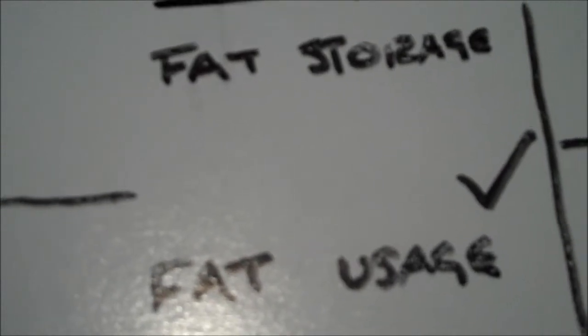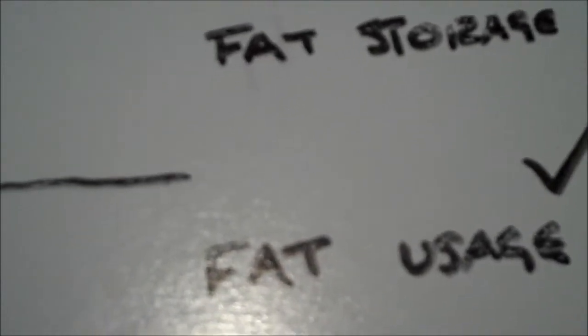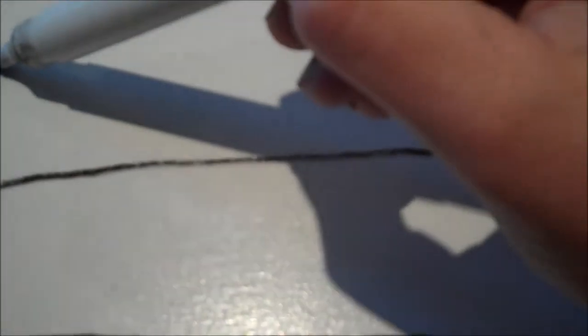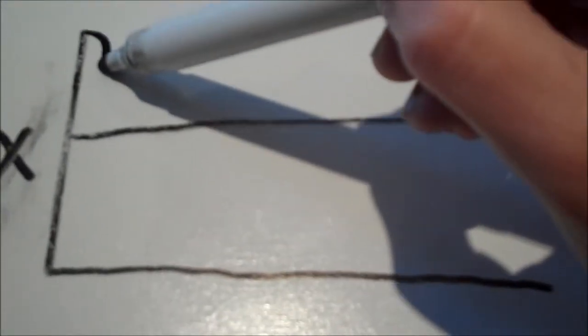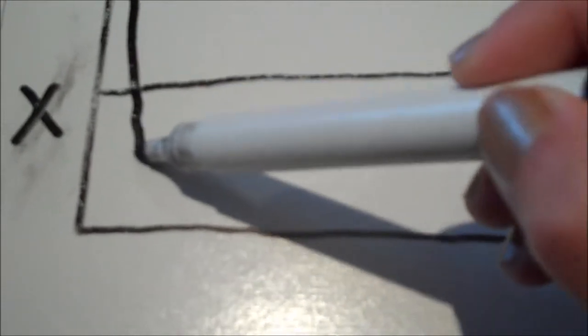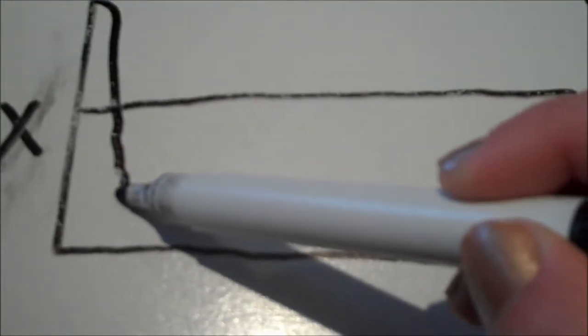But let's quickly just really go through the evening session. So we've got the evening charts here, and again the top part is for fat storage. So anything above that line is fat storage, and anything below the line is going to be fat usage. Okay, so here's not what to do if you're coming to an evening session. Okay, you wake up in the morning, you're going to be in fat utilisation zone.